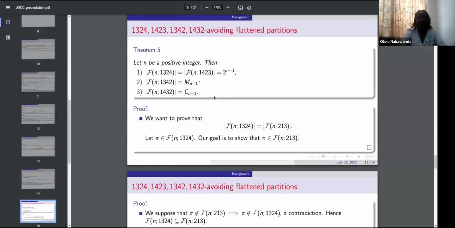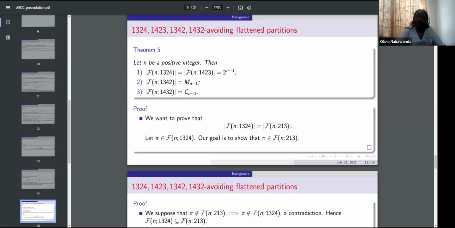So now what we want to prove is that the number of 1324 avoiding flattened partitions is the same as the number of 213 avoiding flattened partitions.